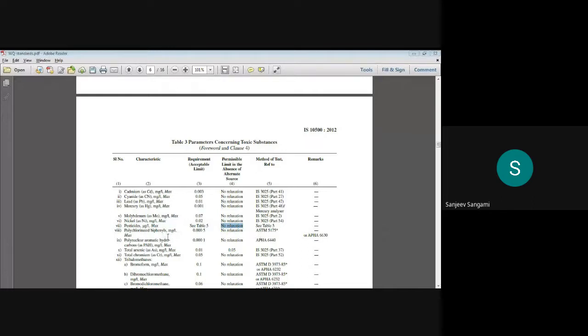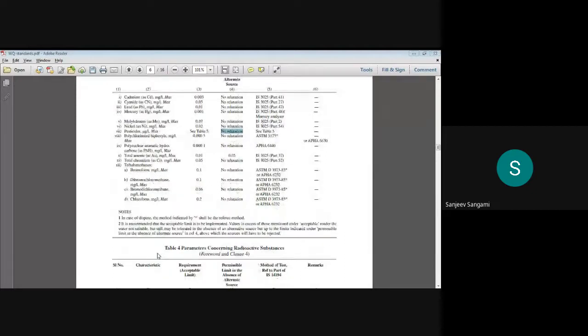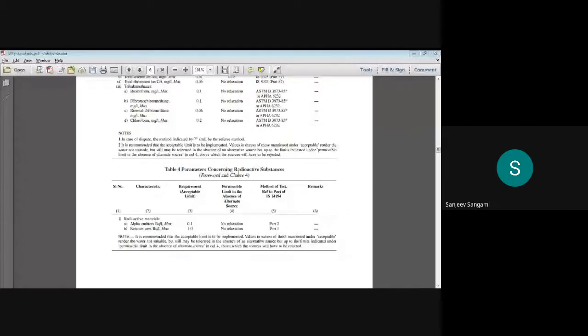Pesticides are related to this because nowadays we are getting many traces of pesticides in water. Then polynuclear aromatic hydrocarbons, total arsenic, total chromium, trihalomethanes. These all come under chemical characteristics, and even some radioactive substances you can see: alpha and beta emitters, uranium-related.